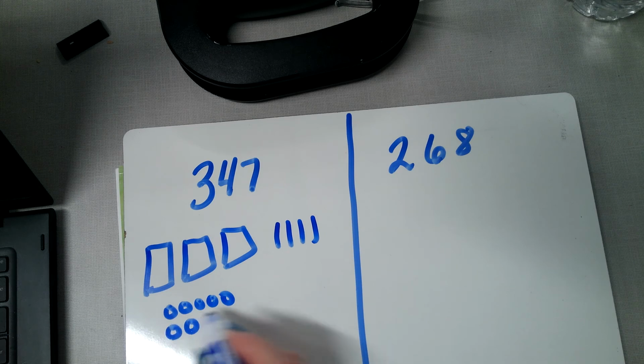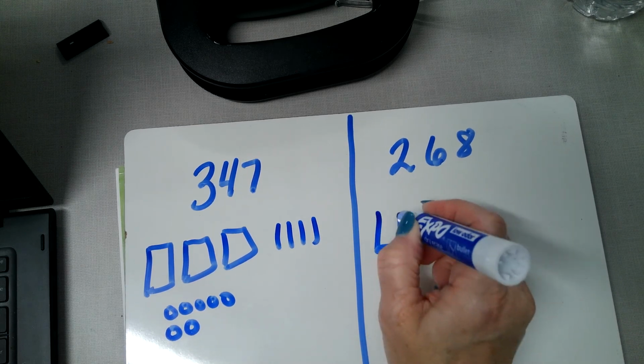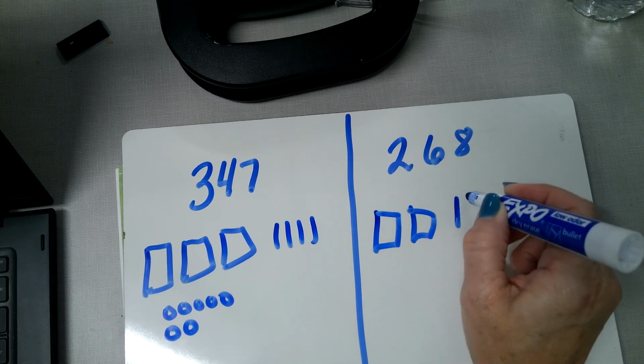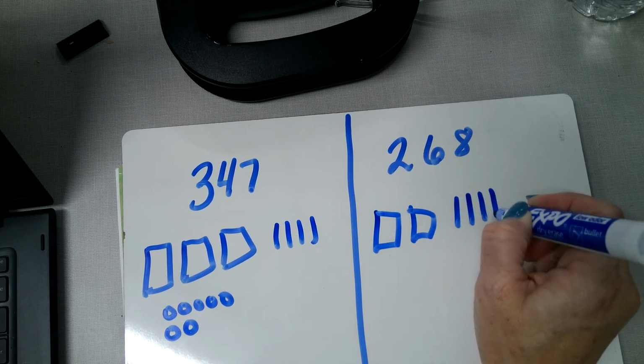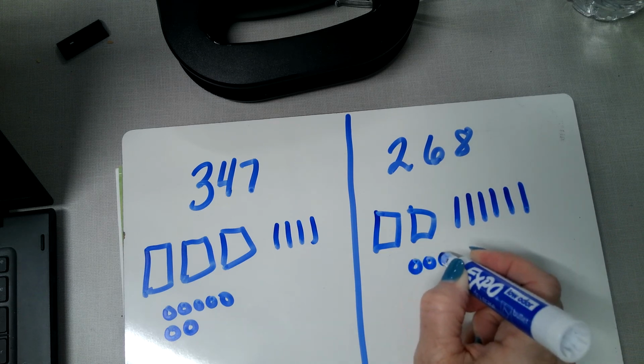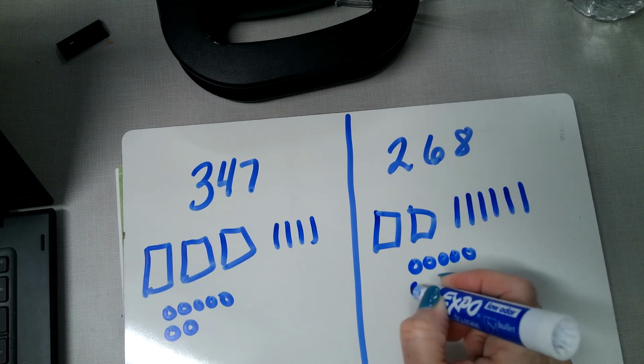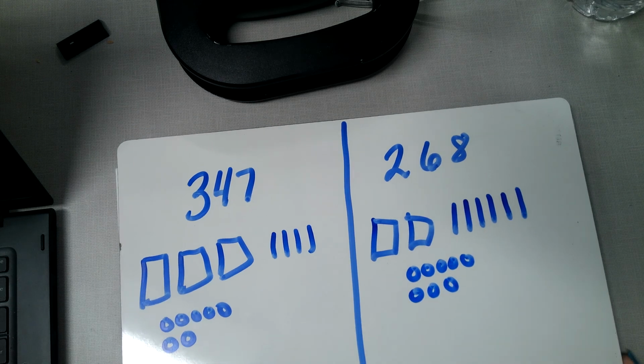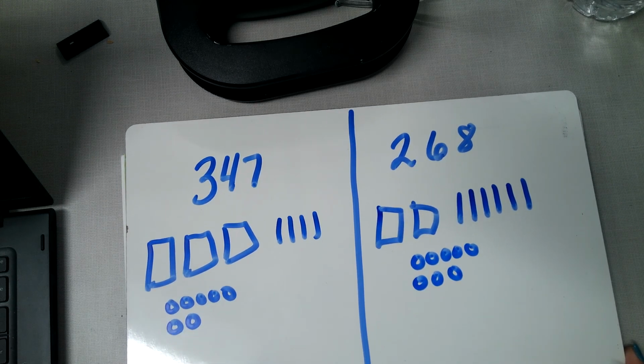Remember, I always put my ones in like a tens chart, 5 and then 2. Okay, and then 2 hundreds, 6 tens, and 8 ones: 1, 2, 3, 4, 5, 6, 7, 8. So here's my two numbers that I'm wanting to compare.